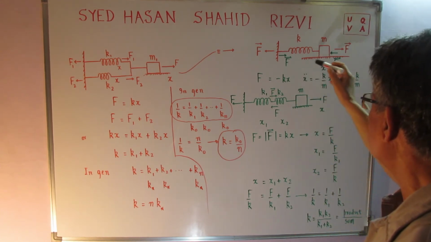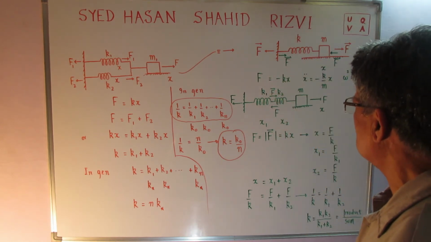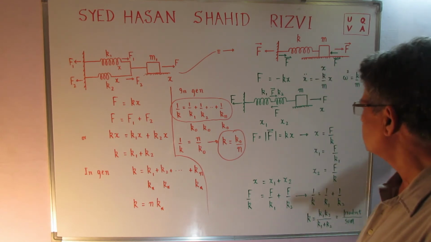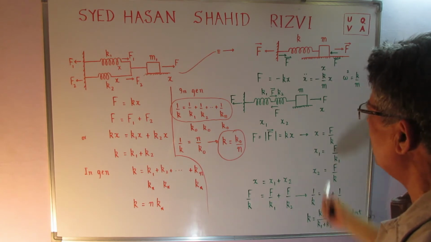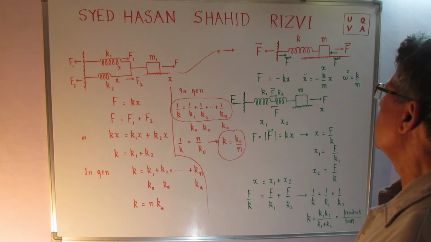The motion is simple harmonic because F is equal to minus kx. So x double dot, the acceleration, becomes equal to minus k over m times x, or omega square is equal to k over m, and many other things which are associated with that.